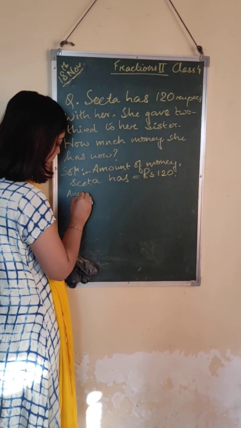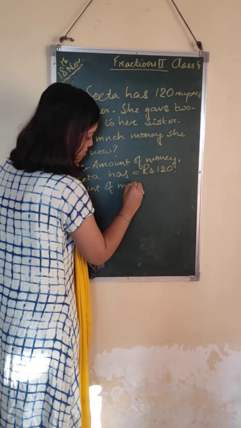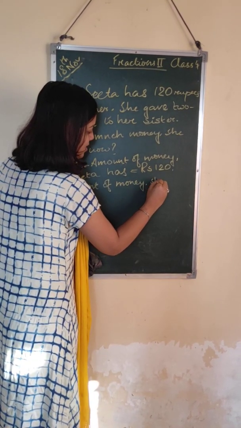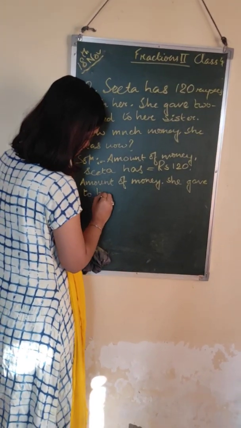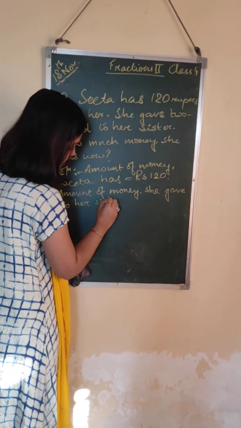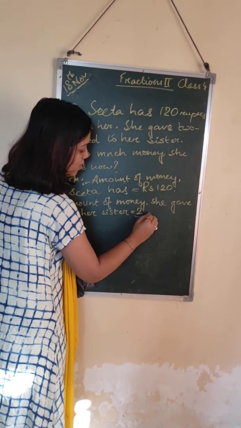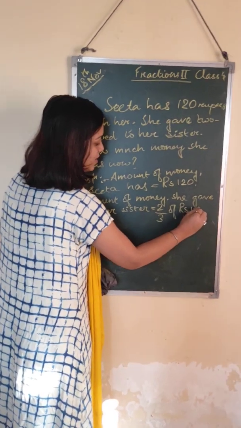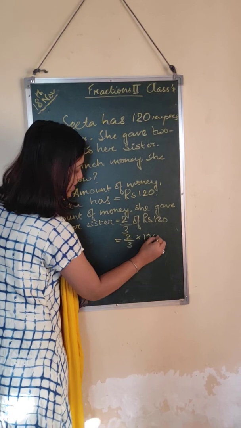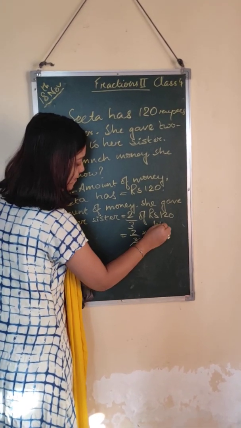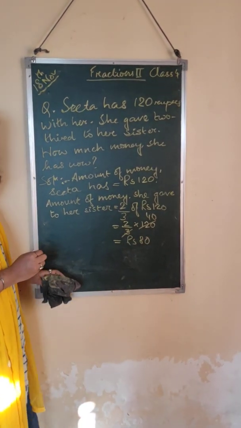So the amount of money she gave to her sister is 2/3 of her money. So 2/3 of rupees 120, that means 2/3 into 120. So 3 forties are 120, and 2 forties are rupees 80. That means she has given 80 to her sister.